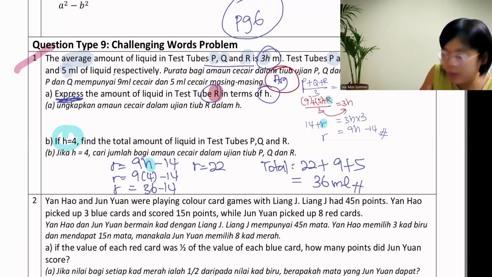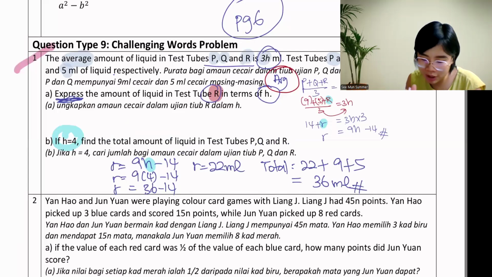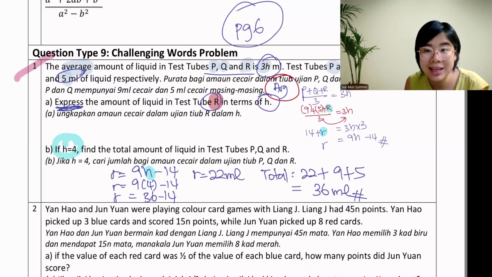By the way, remember to put in your unit, because I always forget my unit. They say 9 ml, 5 ml, so plus together is 36 ml. So far, okay. This is just the baby step, we haven't got to the big boss yet.